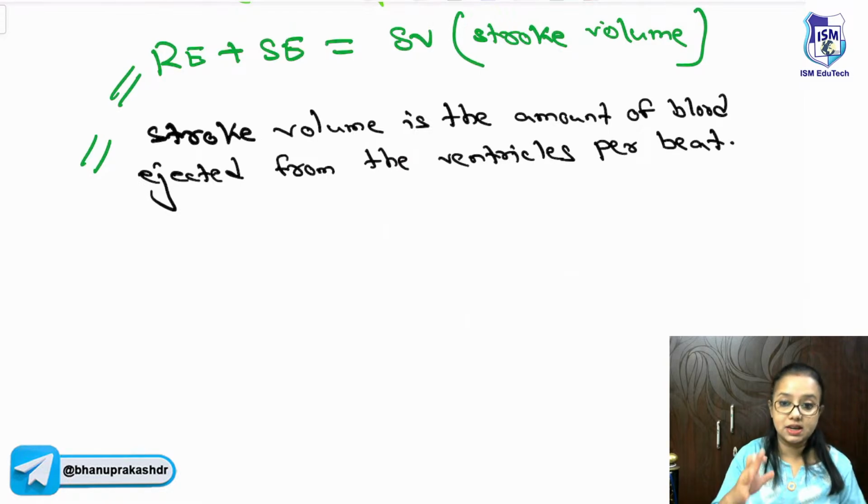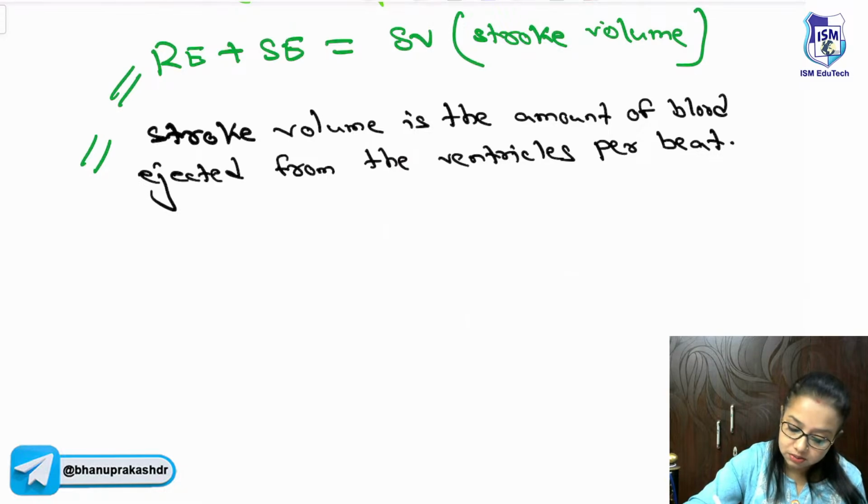Every time there is a contraction and relaxation per beat, the amount of blood that is ejected out very fast, rapidly, and then slowly. So both combined together, the total volume of blood ejected per beat every time the heart is contracting and relaxing, is called stroke volume.